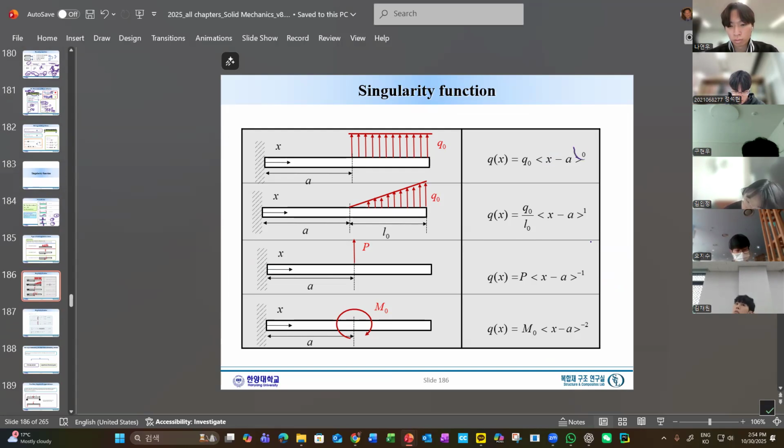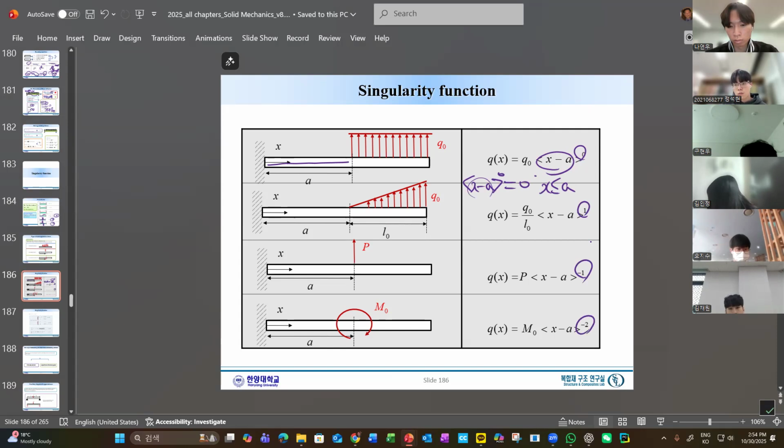Okay, 0 means that anything, say x less than a, this will be 0. Anything less than 0, which means that if x is less than a, this will be 0. Same for the 1 and same for the -1 and -2.